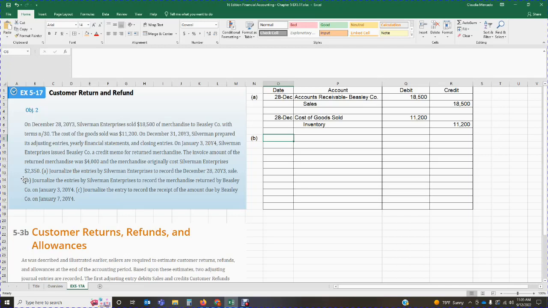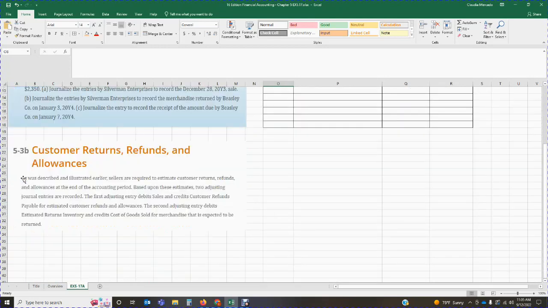There's a section in your book that covers customer returns, refunds, and allowances. Please go over that section, but I just wanted to highlight this information. Sellers are required to estimate customer returns, refunds, and allowances at the end of the accounting period.